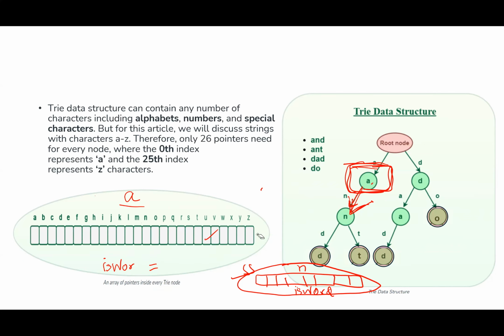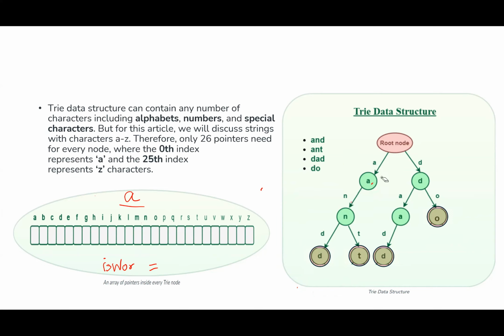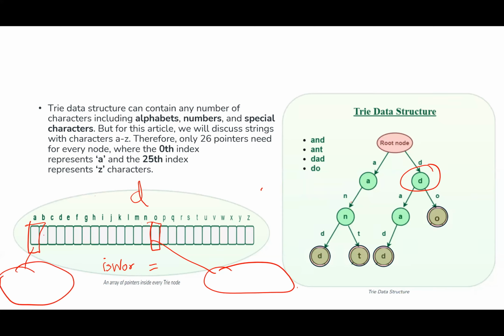Now let's look at another node, right? Let's focus on this node, how this node looks like. Well, this node will have a value D, and you see it has two children, A and O. So these two are actually linked to two different trie nodes, and the others are null, empty.